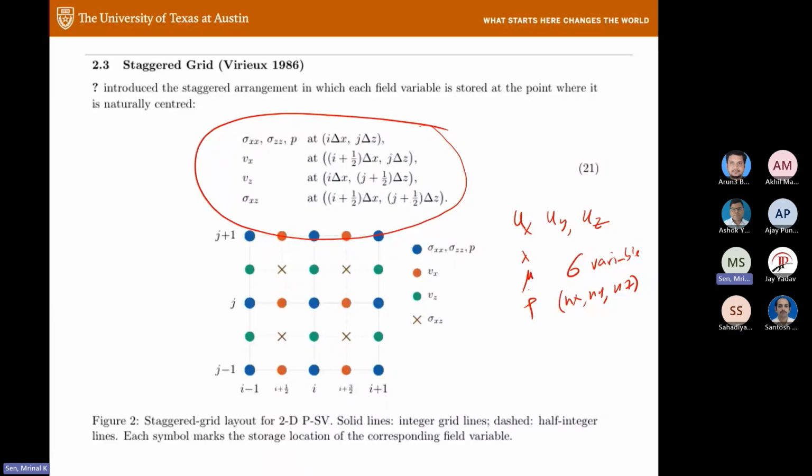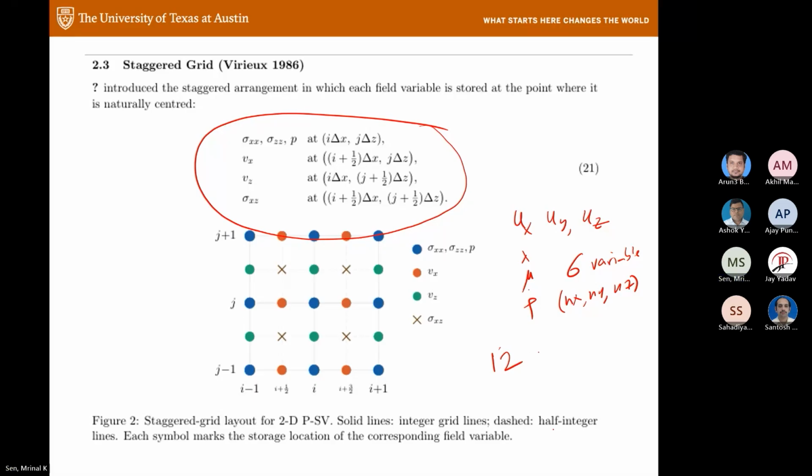Now, if I do the staggered grid with the first order system, I have three particle velocities, and six stress components. So total, I have 9 variables plus 3 parameters. So I have 12. So it is increasing the memory, indeed.